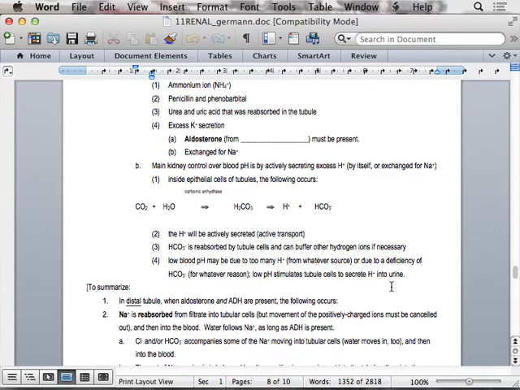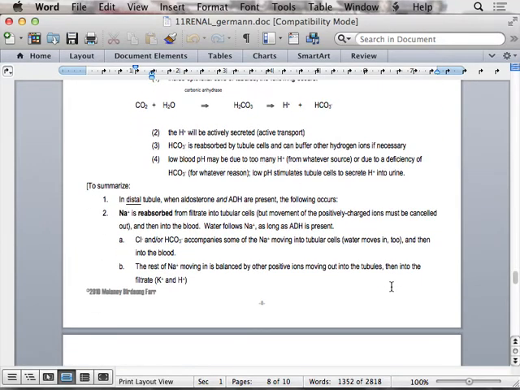Okay, so now we're going to summarize. In the proximal convoluted tubule first, and then we'll do the summary. So in the proximal convoluted tubule, we already know filtration is non-selective. And then in the PCT, we're talking about reabsorption here. That's why I'm writing it on this side.